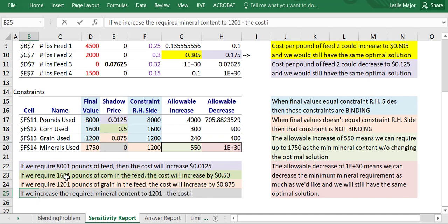The cost increases by $0. We're already up at 1,750, so that's not going to make any difference. We're already way over that. So for the non-binding constraint, it makes no difference. Notice the shadow price is 0 because there's no extra cost for having a requirement of more minerals. We're already way above the minimum requirement.